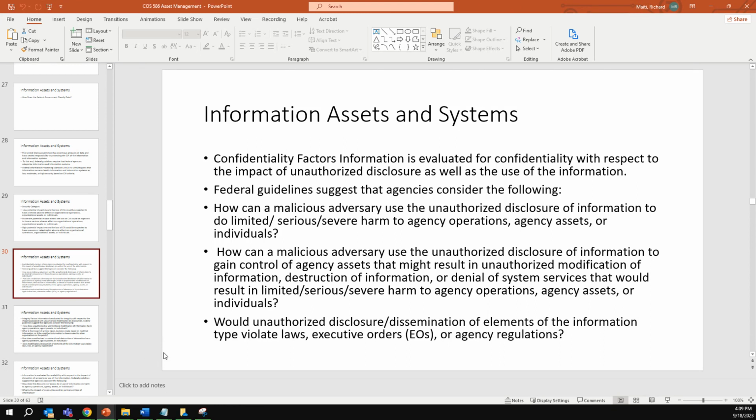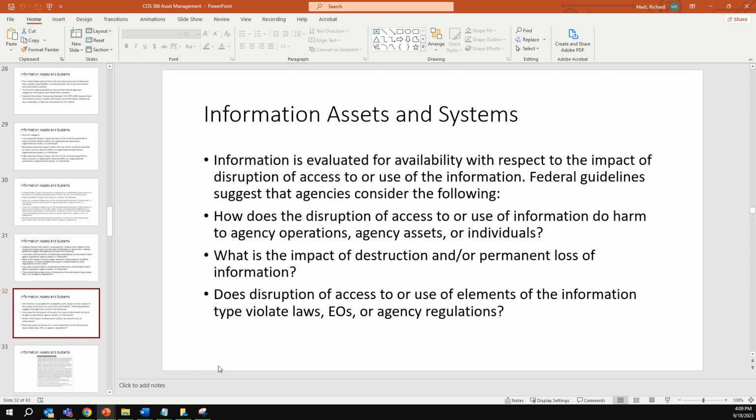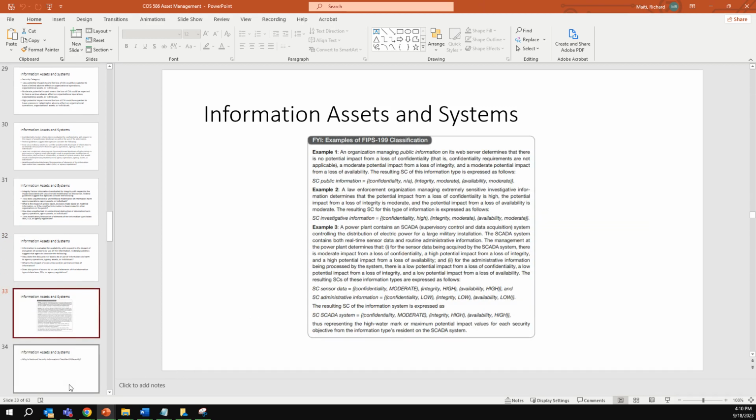Would unauthorized disclosure or dissemination of elements of the information violate laws, and so forth? So we're looking at different aspects that may affect harming agencies, and how they can have different questionnaires that are used. Do they violate laws? Some examples here.